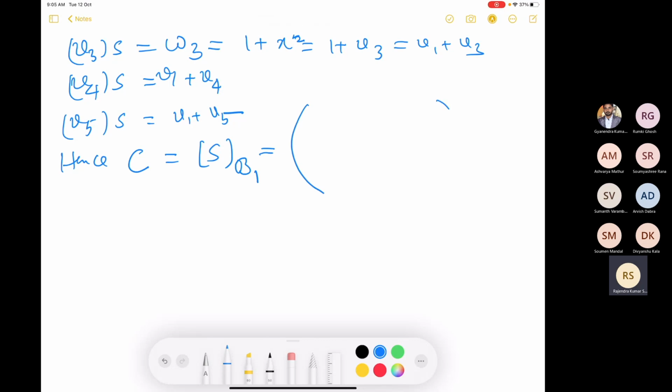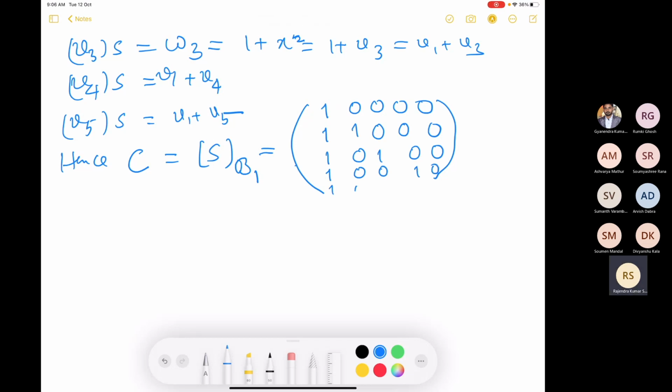And that gives me, therefore, since V1S is V1, the first row is 1, 0, 0, 0, and 0. Second one is here, V2S is V1 plus V2, and therefore this is 1, 1, 0, 0, 0. V3S is V1 plus V3, so 1, 0, 1, 0, 0. V4S is V1 plus V4: 1, 0, 0, 1, 0.